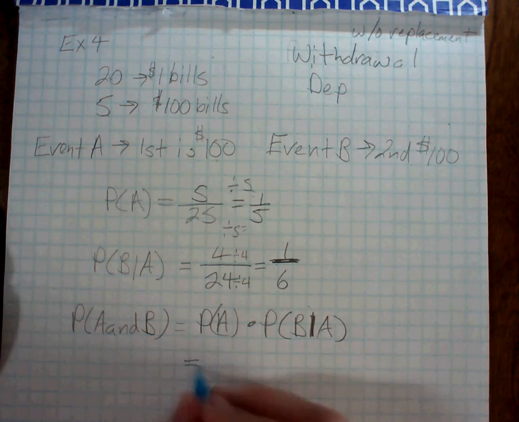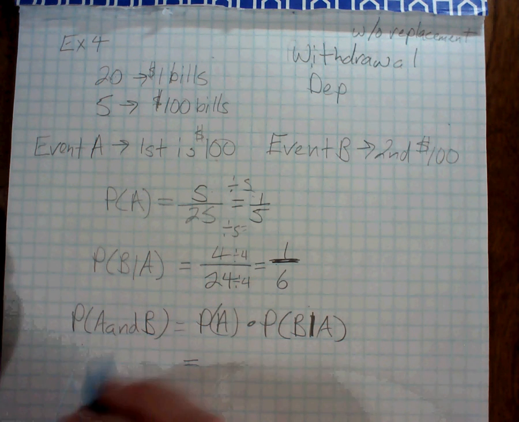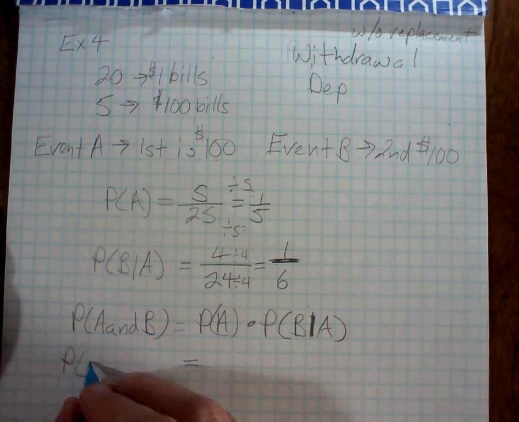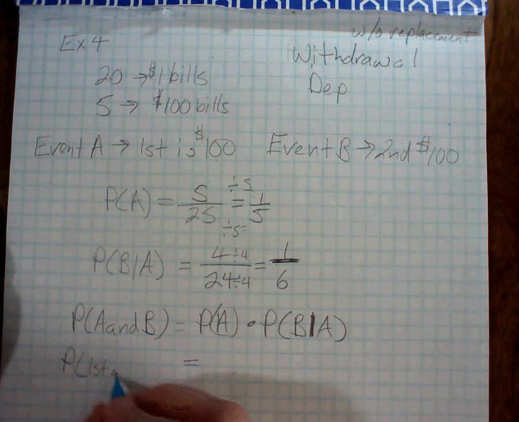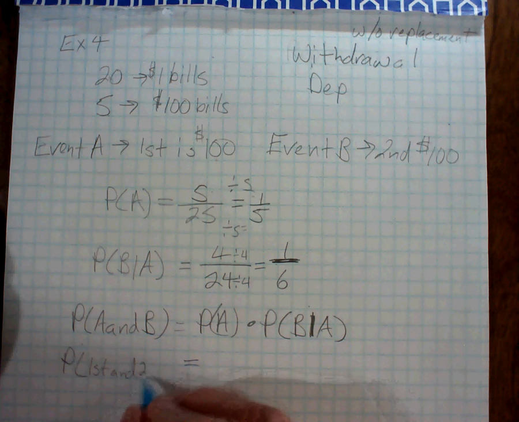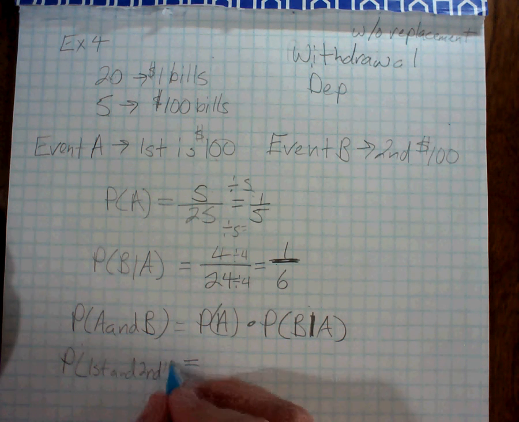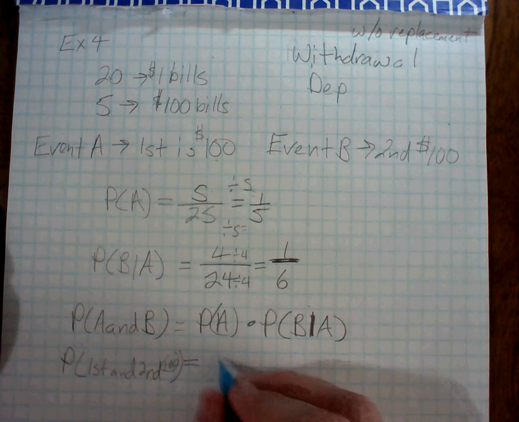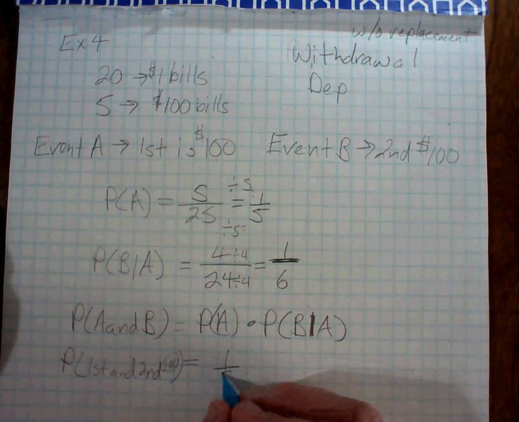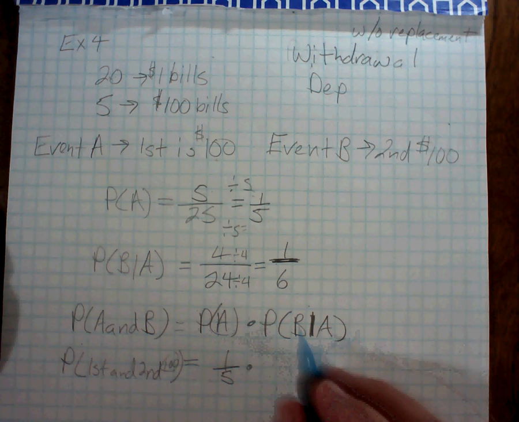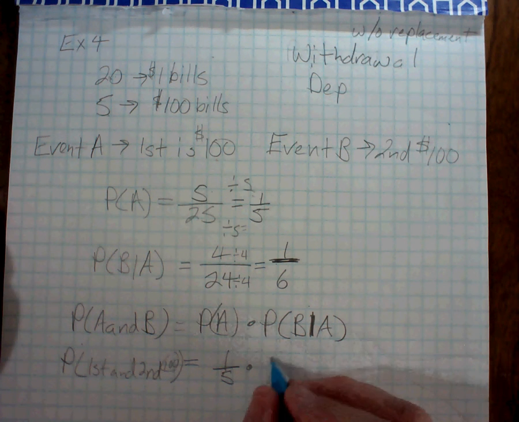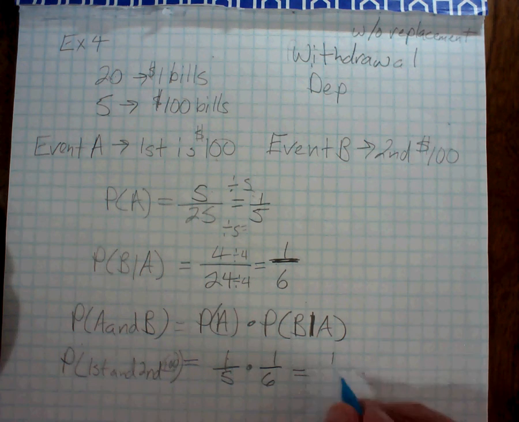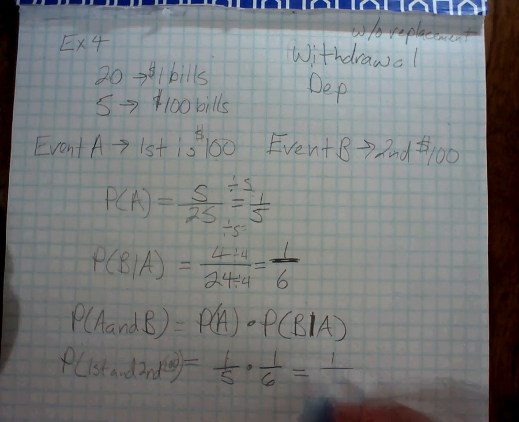So to find the total probability of the first and second $100 bills, it would be the probability of A, which we said was 1 over 5, times the probability of B given A, which we said was 1 over 6. 1 times 1 is 1, and then 5 times 6 is 30.